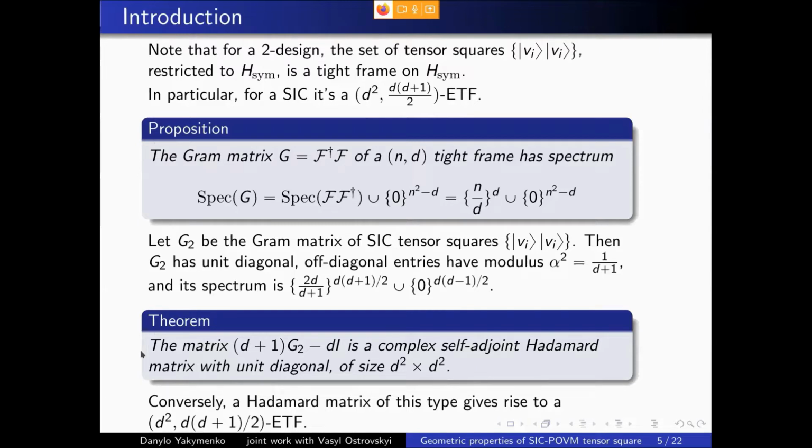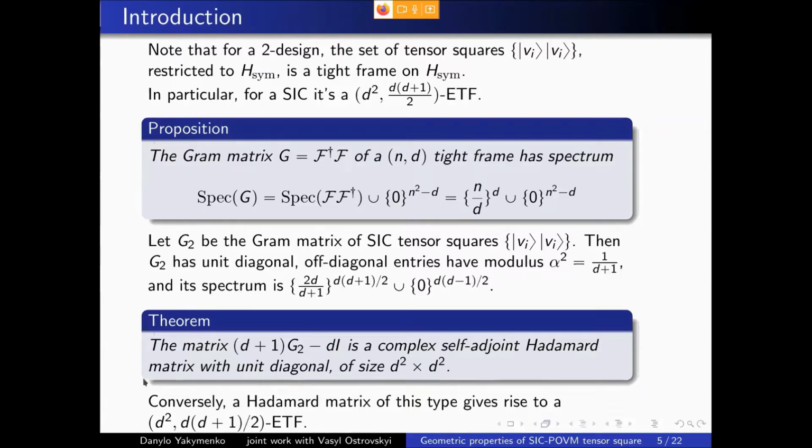And the second thing to note is that this theorem actually goes the other way. So we can start from a Hadamard matrix of this type, right? So it's self-adjoint with a unit diagonal, right? And for those matrices, we know exactly the spectrum of them, and so we can go backwards.